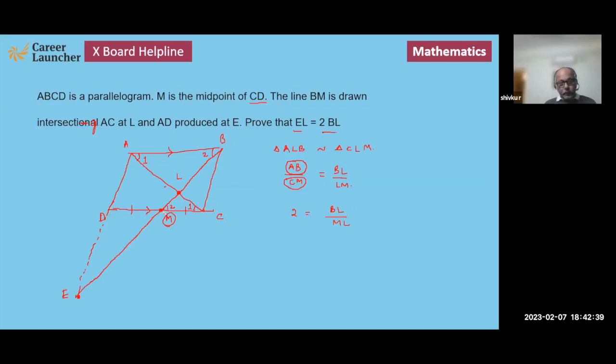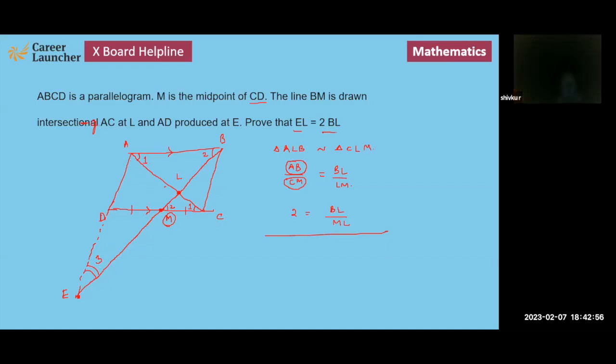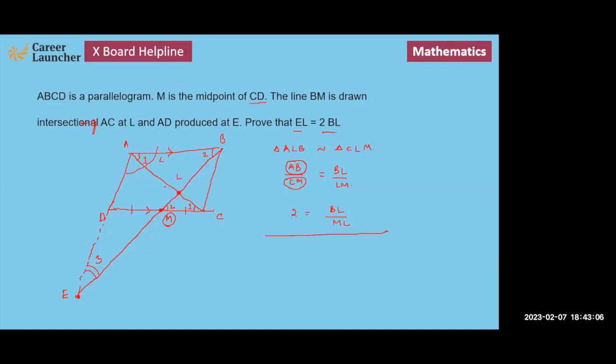Now let me look at the next part. Right? Now let's consider the triangle. अगला ट्रायंगल कौन सा है? ये जो एंगल है ये कॉमन है. लेट्स हम इस एंगल को 3 करते हैं, और ये जो एंगल है, this angle, let me call this as 4.